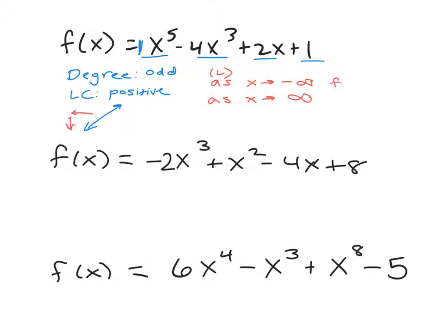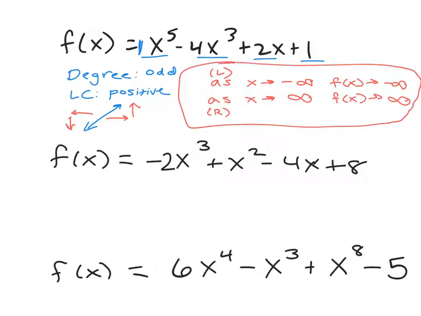So I can say f of x approaches negative infinity because it's going down. As x approaches positive infinity, that means I'm going to the right. Y is going up towards positive infinity. And that is our end behavior statements.